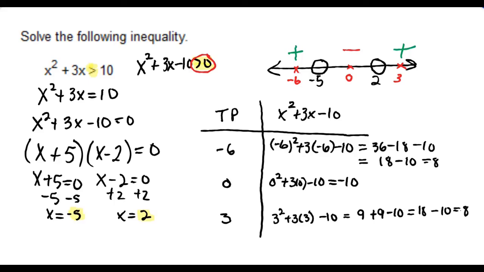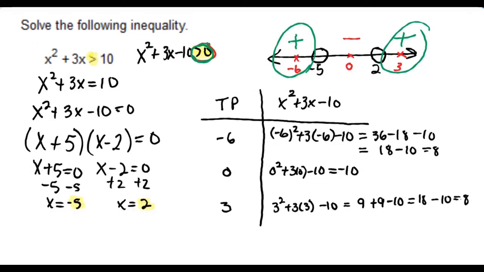So with our inequality, we want our expression to be greater than 0, and that would be our positive intervals here. So the intervals that make this inequality true are the leftmost interval from -infinity to -5.